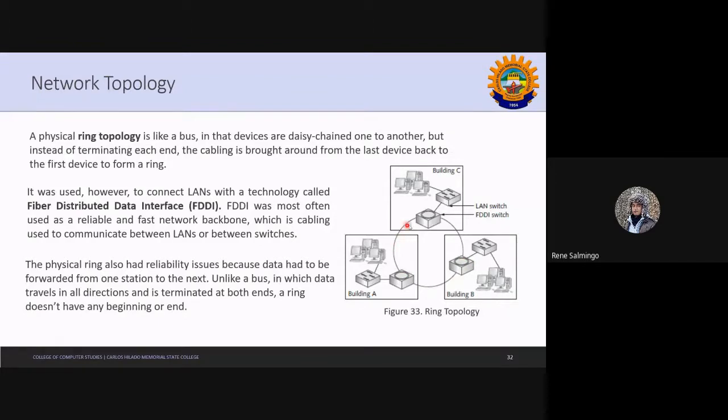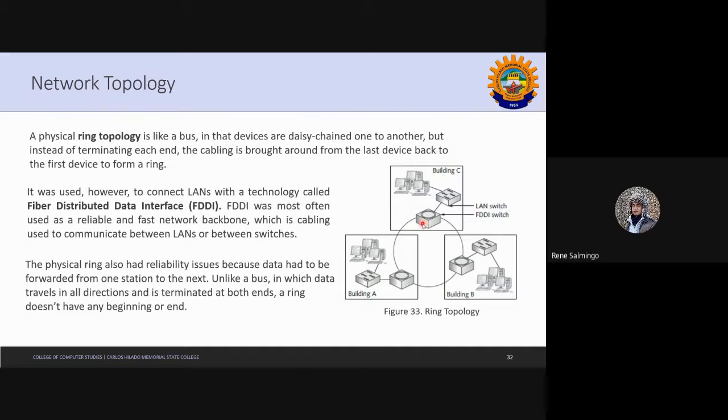So in this case, all three FDDI switches are interlinked. In such cases, if there are some problems, the FDDI switch can be used to forward from one station to another.